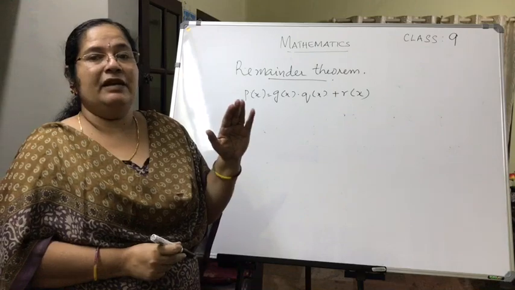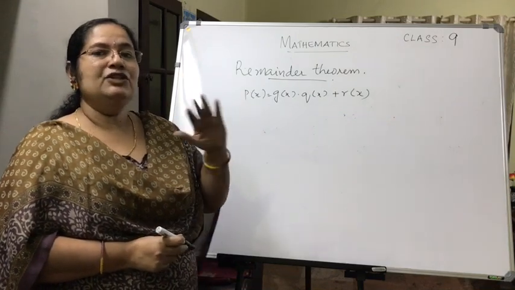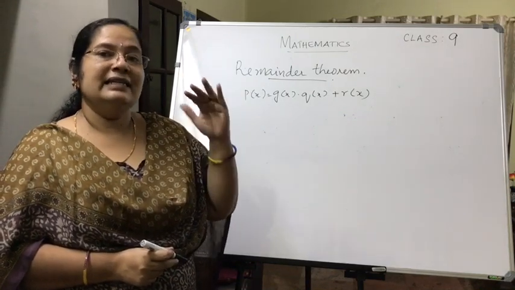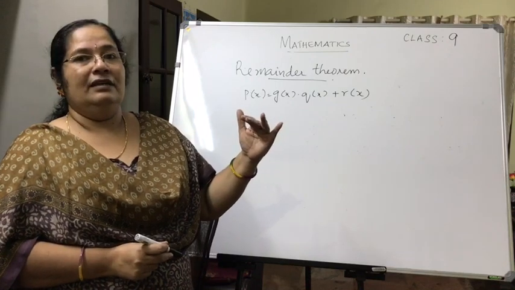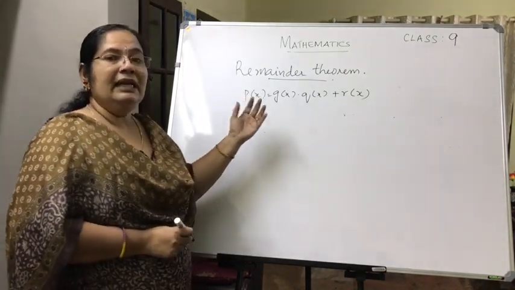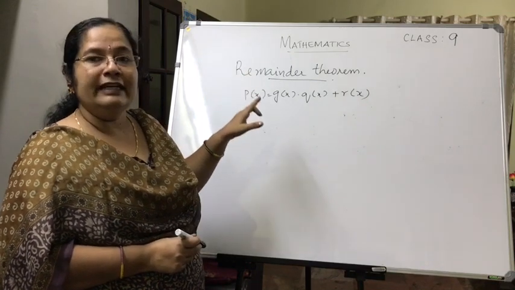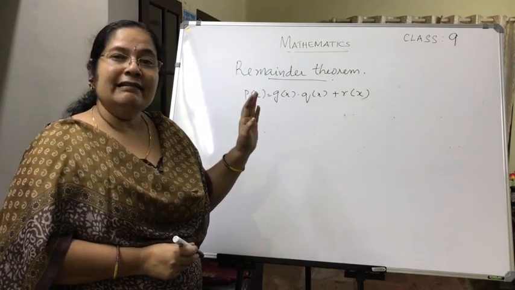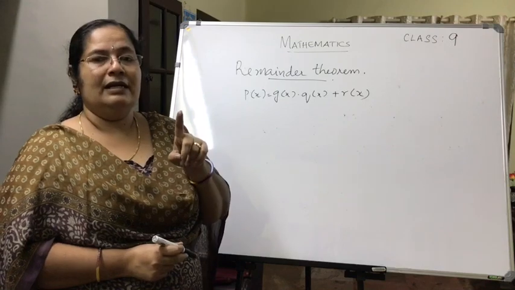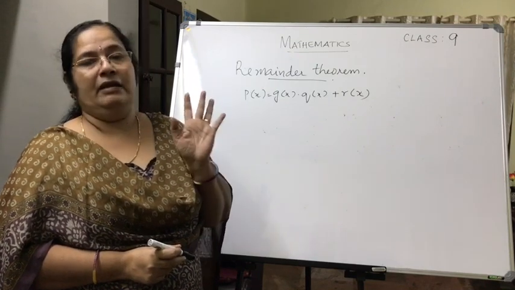This is the statement. When you say a theorem, it should be stated as it is. So I am giving the statement again. Let P of x be a polynomial of degree greater than or equal to 1, and let a be a real number.